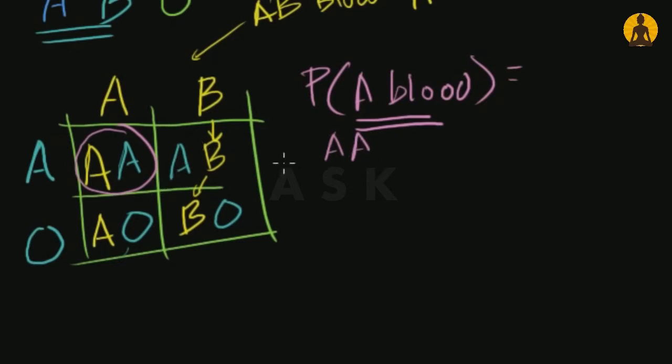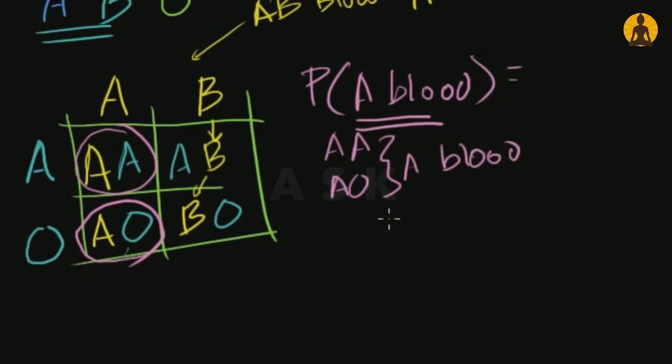But you also have an A blood type phenotype if you have an A and then an O. O is recessive, so this is also going to be an A blood type. So AO, these are both A blood. So there's a 50% chance, because 2 of the 4 combinations show us an A blood type.